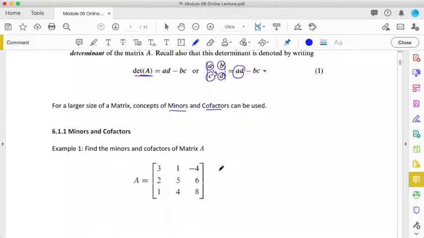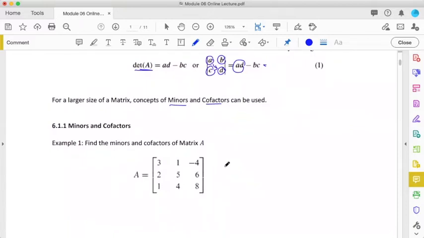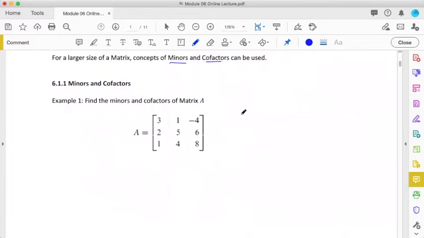We look at example 1, find the minors and cofactors of matrix A. So what is a minor? We assume we have a matrix M, which stands for the matrix of minors, where the coefficients of this matrix M are given by M11, which refers to the position of the coefficient located at row 1 and column 1.